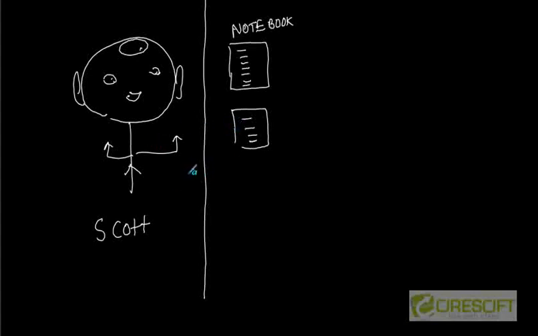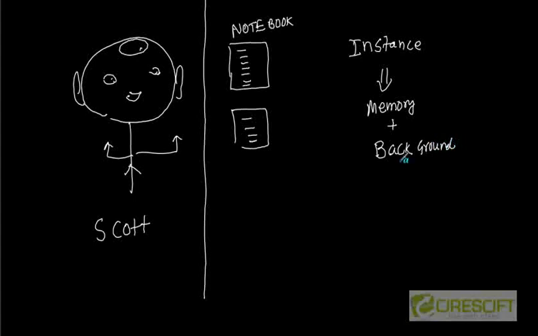This analogy is exactly the same if we consider an Oracle database server. Essentially an Oracle database server consists of an instance, and an instance is basically some memory plus some background processes, or you can just say some processes.